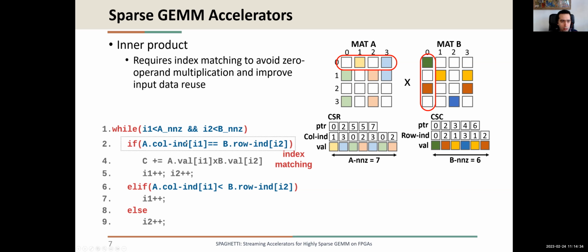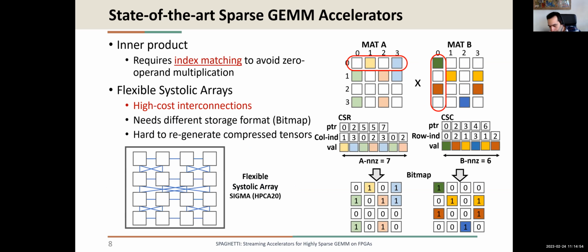So if you look at the code, before doing the multiplication, I have to do this index matching, and this is probably the most challenging part of inner product sparse matrix multiplication. And the state-of-the-art accelerators are trying to optimize and find a better solution for this index matching.